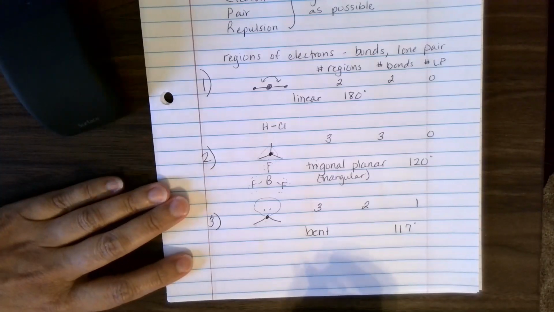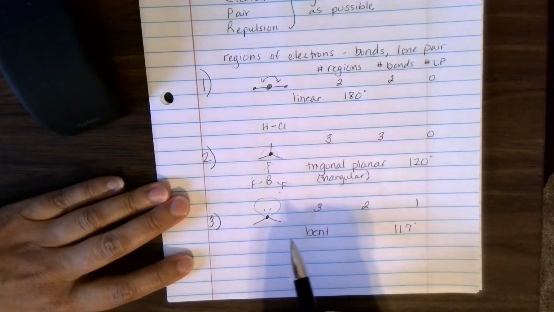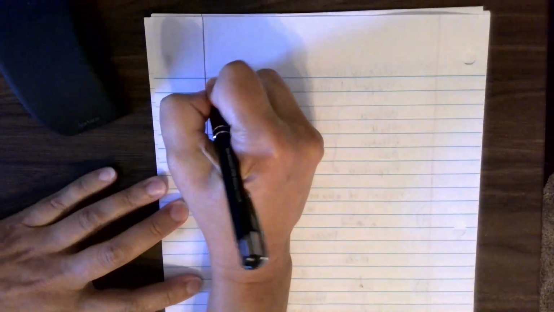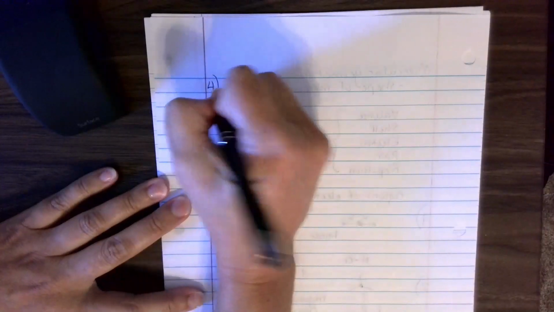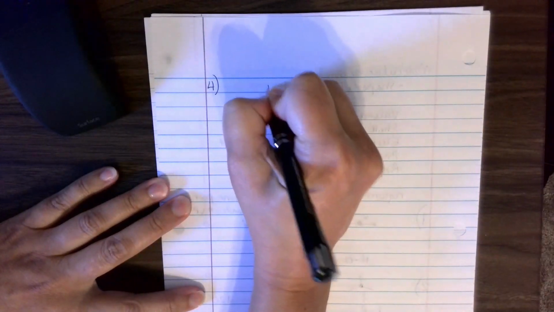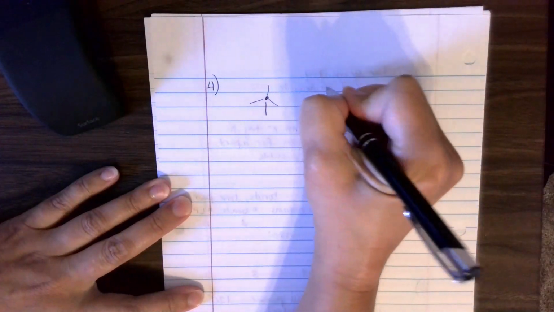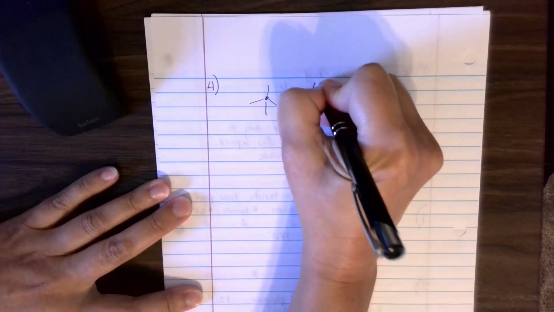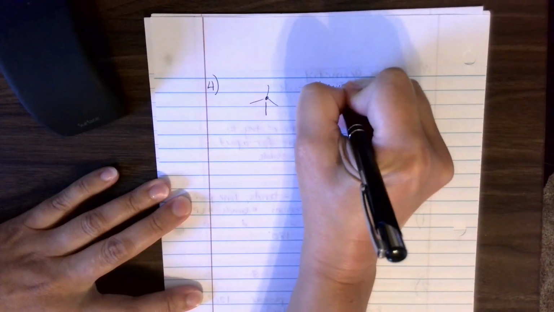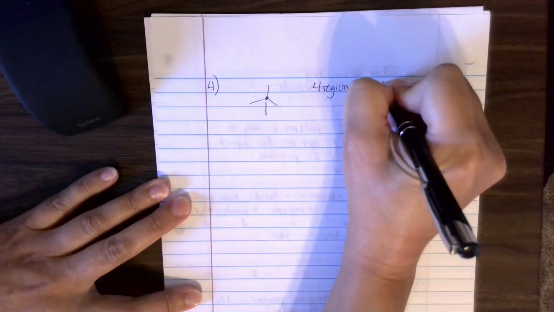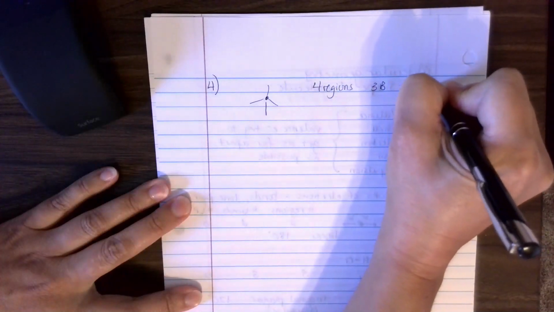Okay, now we're going to go to the next one, which is going to be 4 regions. So I'm going to have 4 regions, 3 bonds, 0 lone pair.